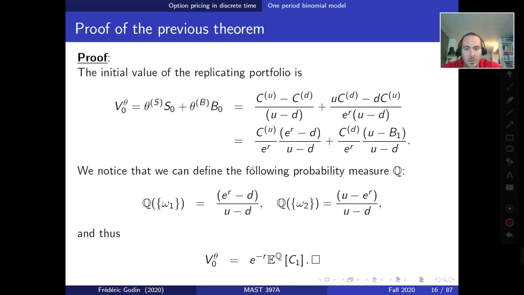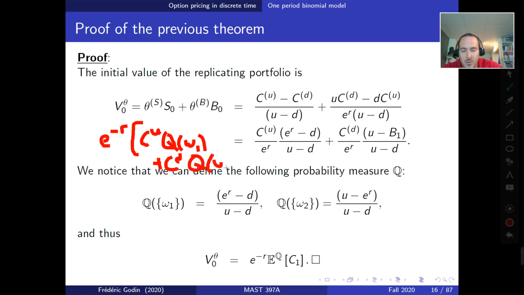V0 is equal to exponential of minus R. So we can factor out this exponential of R, and this gives Cu times the Q probability of omega 1 plus CD times the Q probability of outcome 2.